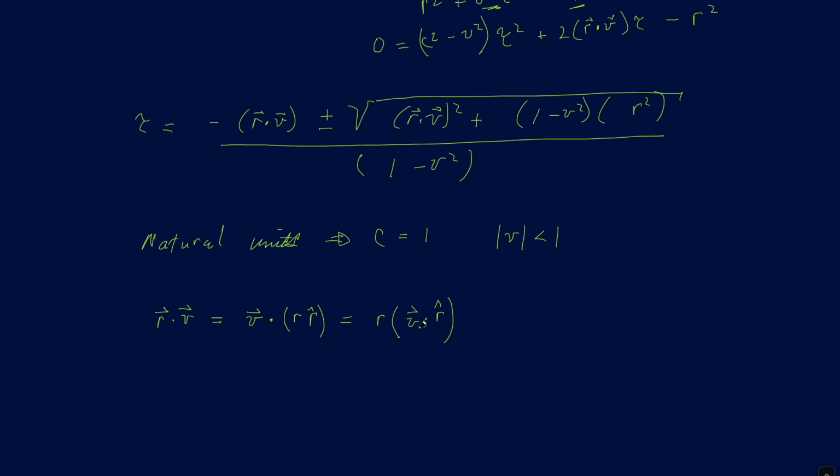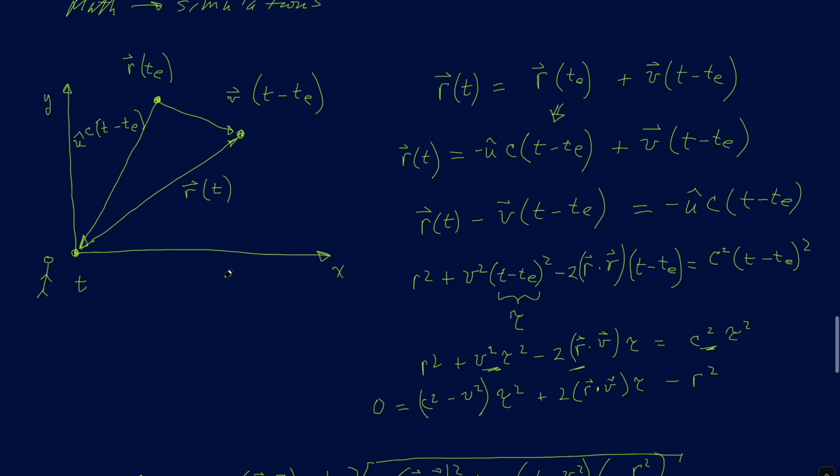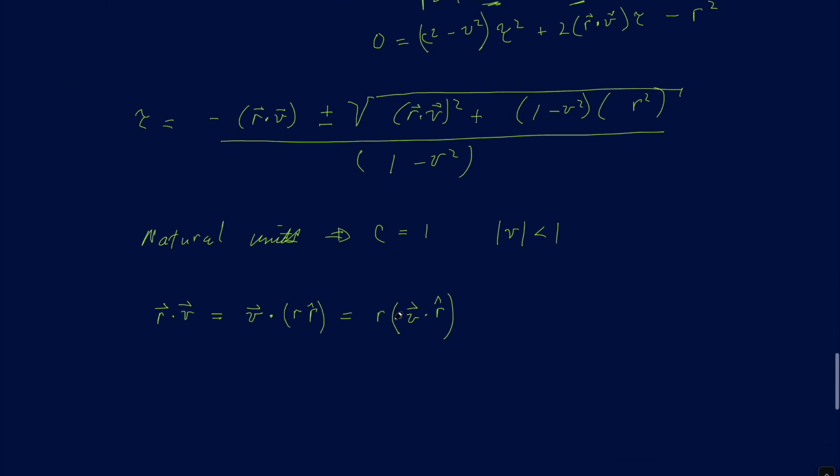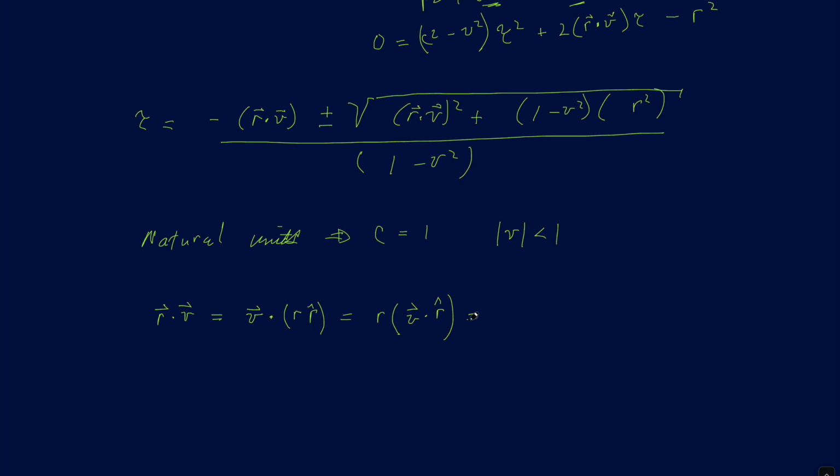But think about what this is. This is the component of velocity in the direction of the unit vector in the direction of r. So it's really the radial velocity. So we can actually write this as r times r dot. That's just a little bit easier to carry around. So why don't we make that change as well?